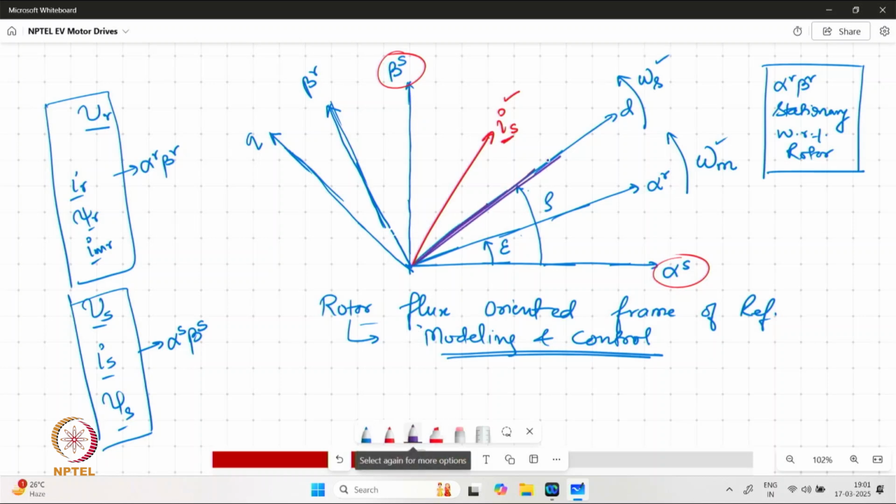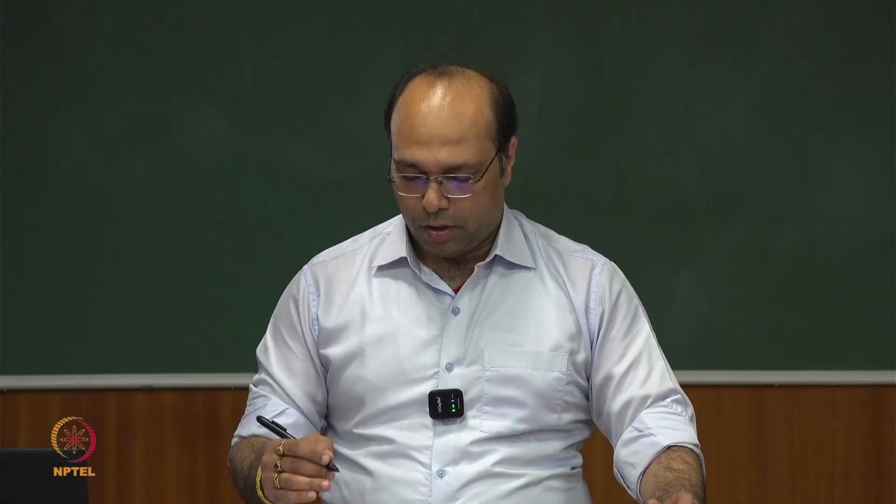So psi r is going to be aligned along this axis. It may be defined in the rotor frame of reference alpha r, beta r, but by definition, we are aligning our dq frame of reference with psi r.